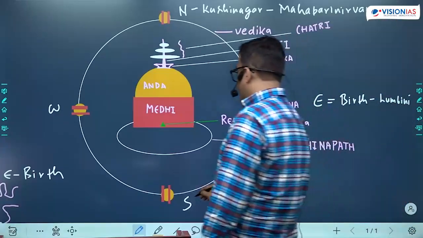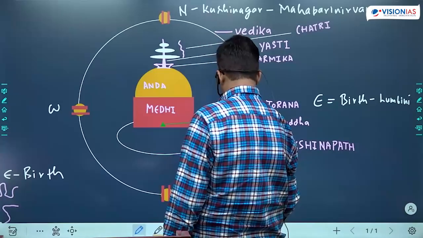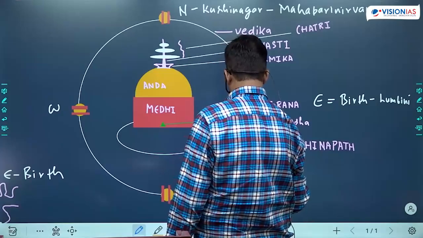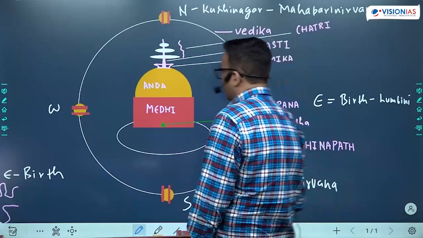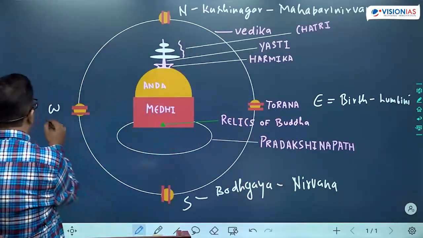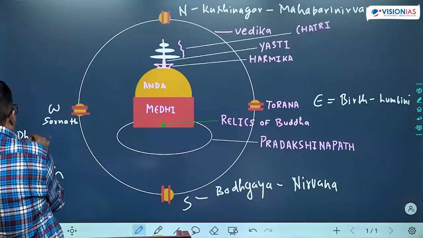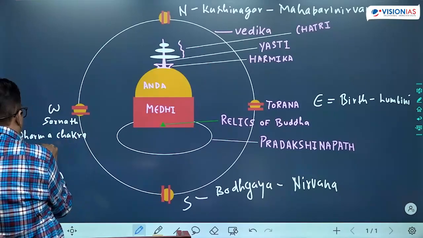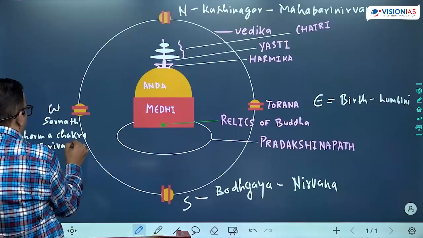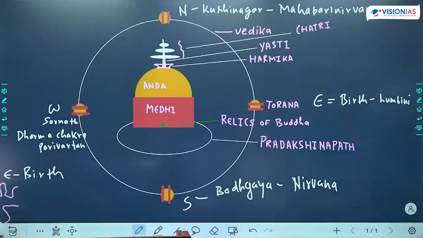Then south is Bodh Gaya, and the event is nirvana, the enlightenment of the Buddha. West is Sarnath, and the event is Dharma Chakra Parivartan. So each of the gateways is indicative of an important life event of the Buddha.